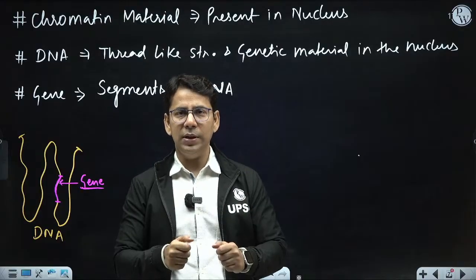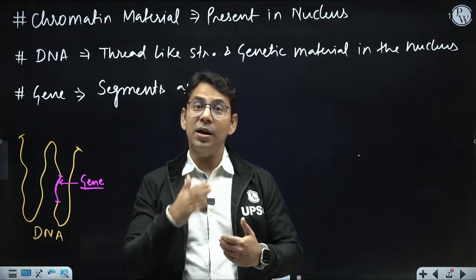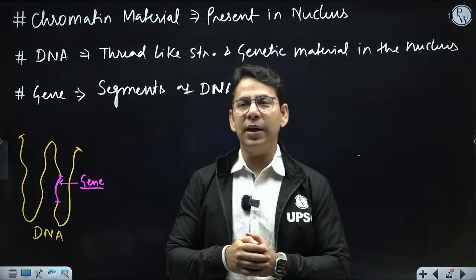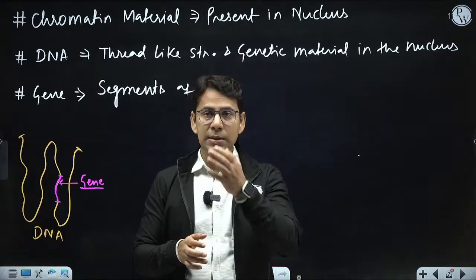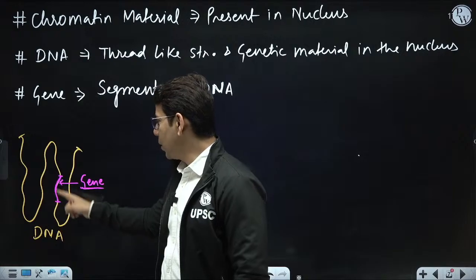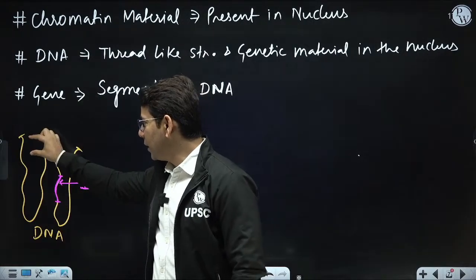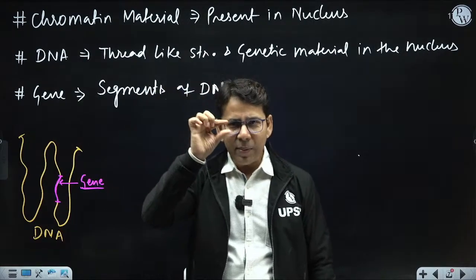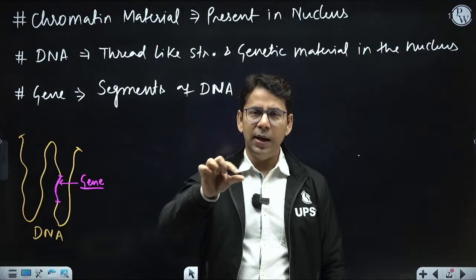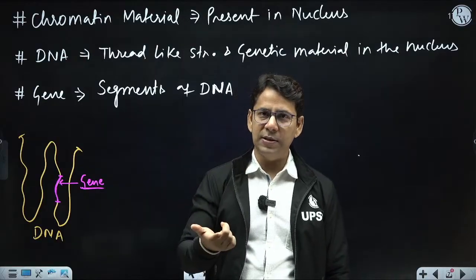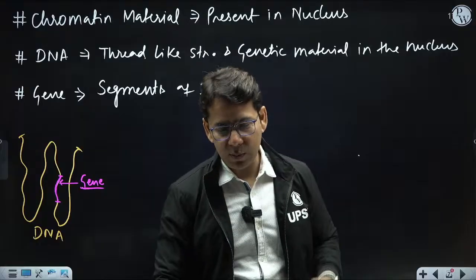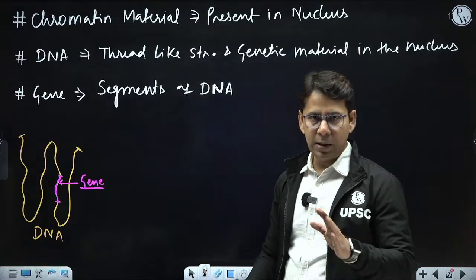I'll tell you one thing. In the human body, there are 30,000 genes. How many genes are there? 30,000. It means this DNA is an entire thread-like structure, and it has small segments one after another, and these small segments are known as genes. So genes are what? Segments of the DNA. Any problem with that?